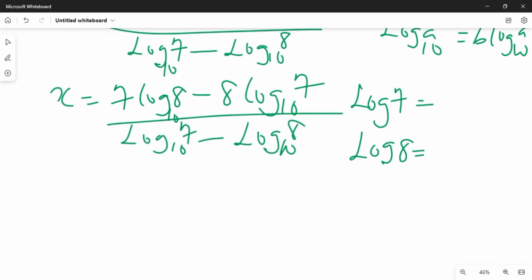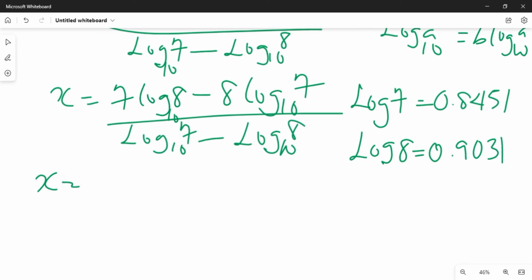Now let's punch our calculator. What is the value of log of 7? Log of 7 will give us 0.8451 and log of 8 is going to give us 0.9031. So now let's apply it to the general equation.